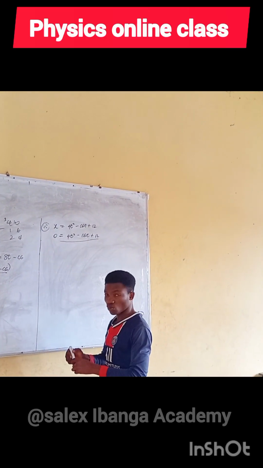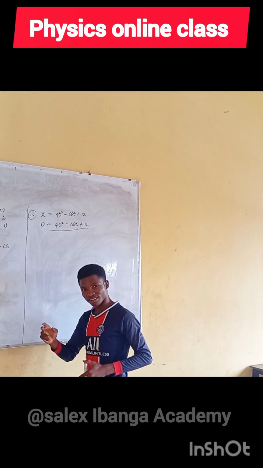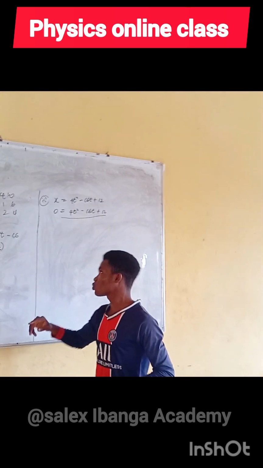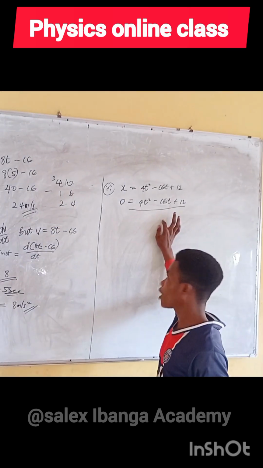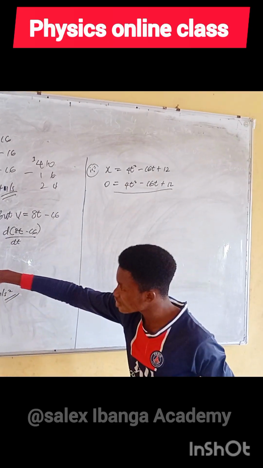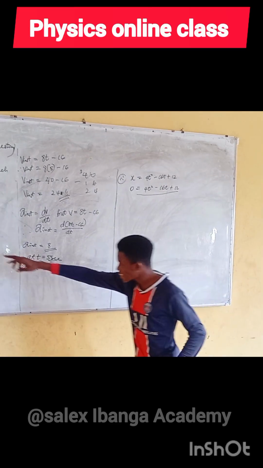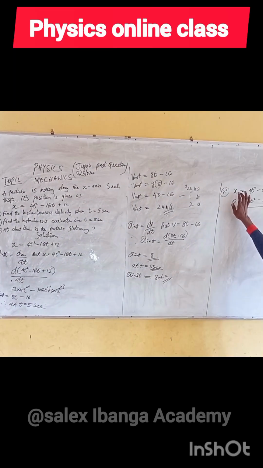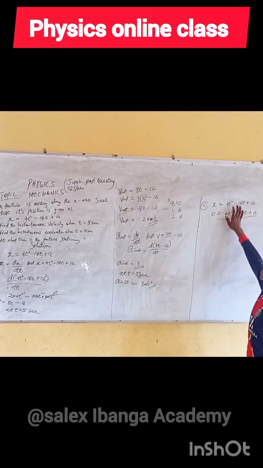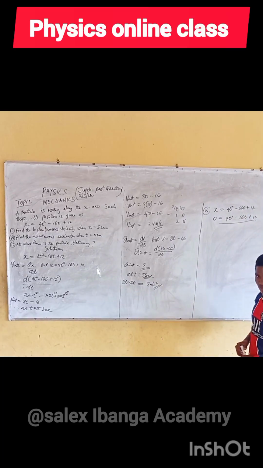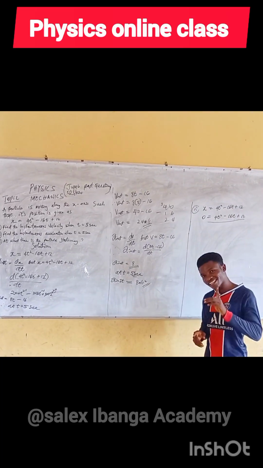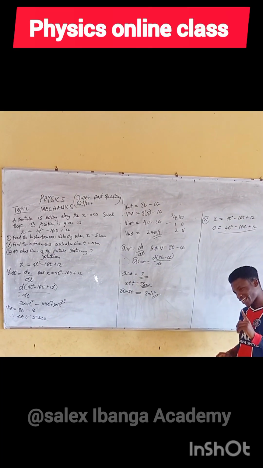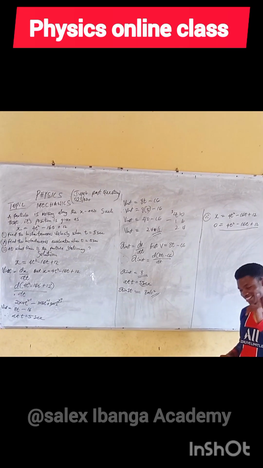If you look at this question, this is a quadratic equation. Remember that in our first class we started with quadratic equations. So now, solving this: they said at what time is the particle stationary? The particle says s equals 4t squared minus 16t plus 12. They say stationary. Once I say the particle is stationary, that means it is at rest.